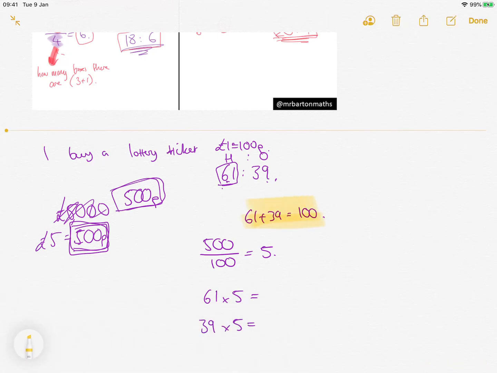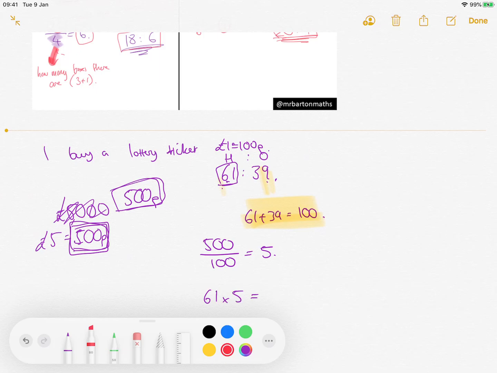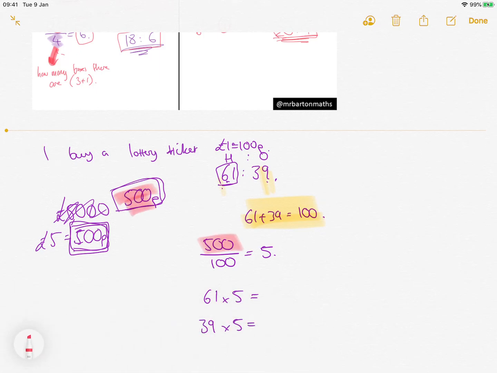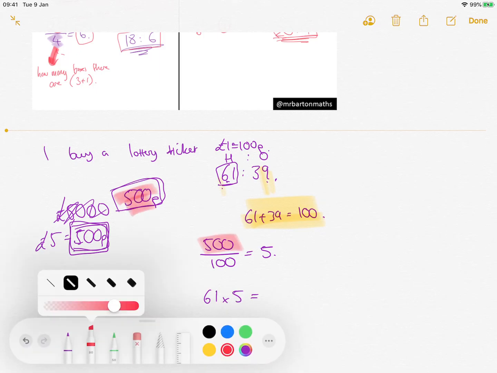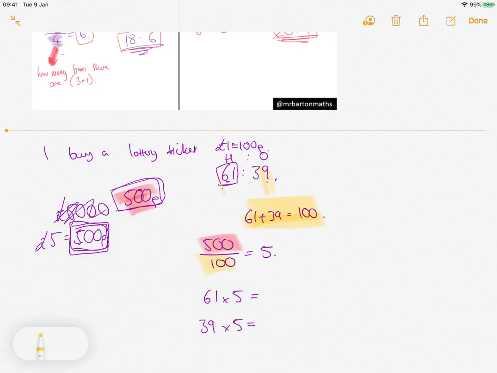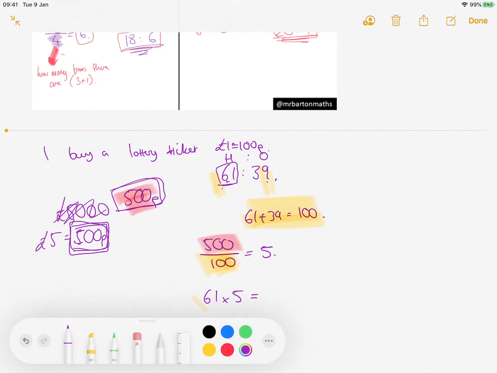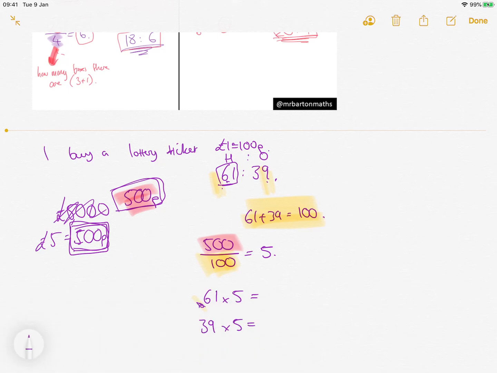We added up the amounts in the ratio, because that's how many boxes we would be sharing it between. And we did the total that we're sharing divided by the sum of the ratio, so that's 100. We then times it by what each person's share in the lottery ticket is. So mine's 61 times 5, the other person is 39 times 5.